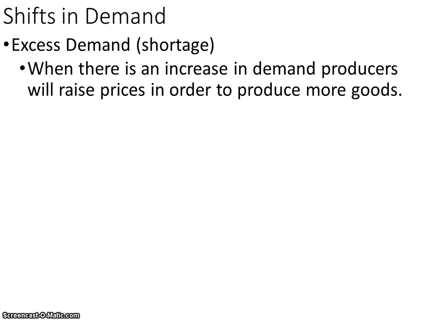So let me give you an example to kind of clarify this. If you are producing t-shirts and you produce 50 t-shirts to satisfy the demands of 50 people, you sell your shirts for $25 a piece. Now all of a sudden people really like your shirts, so now 100 people want them. So now you have to increase your supply to meet the demands of 100 people that want your shirts.